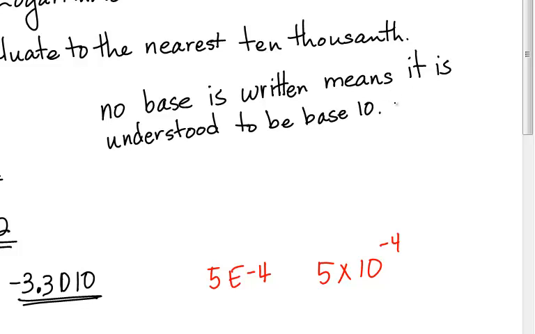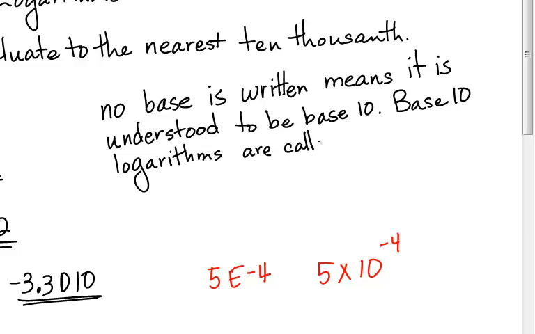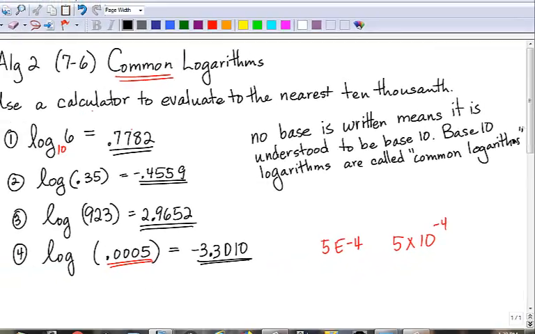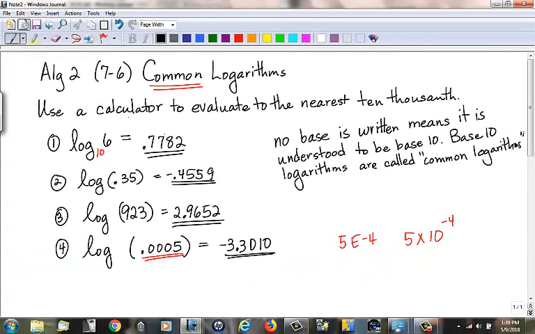Base 10 logarithms are called common logarithms. So if they don't write a base down there, it's understood to be base 10.